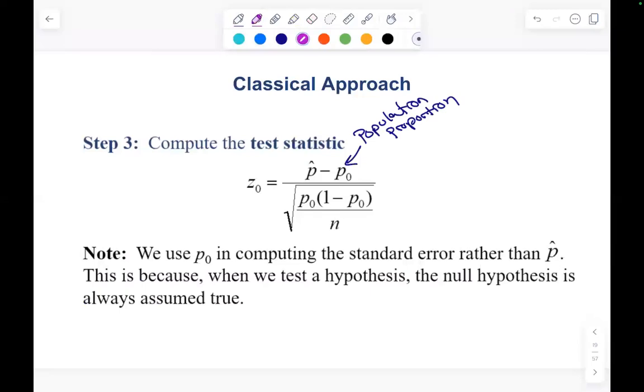Actually, this is what you are testing against your confidence interval. We are using this to determine whether or not something is unusual.